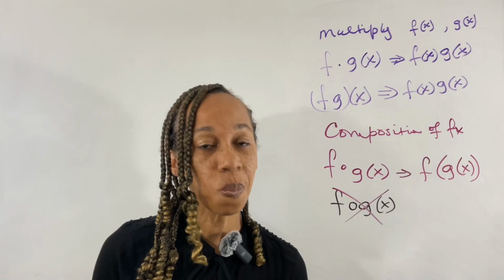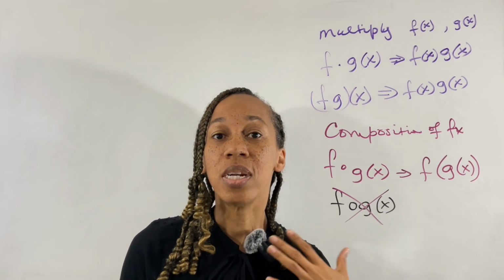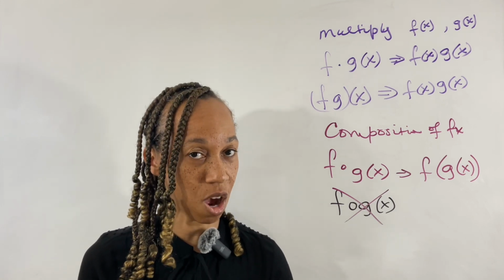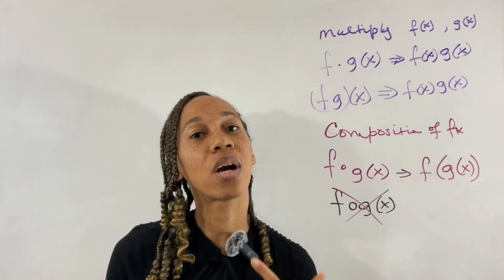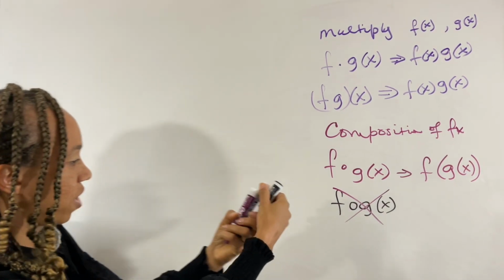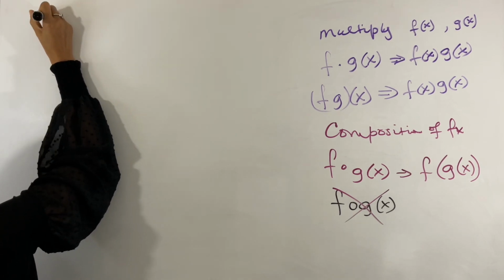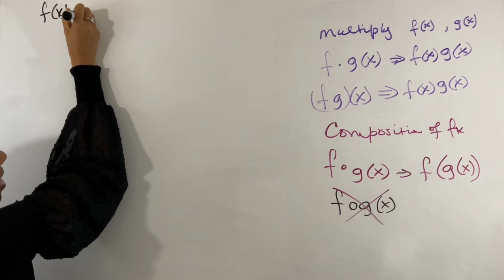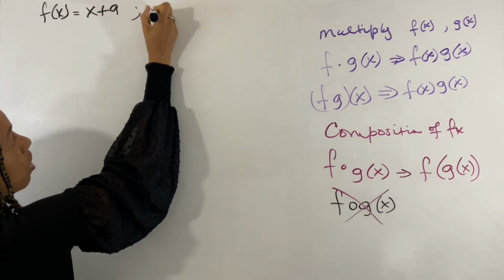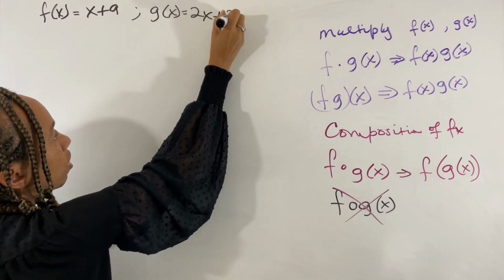Without further ado, let's get into an example showing you the difference when dealing with the multiplication of functions and also the composition of functions. So let's start out with our first example. I have f of x given as x plus 9 and g of x given as 2x plus 3.